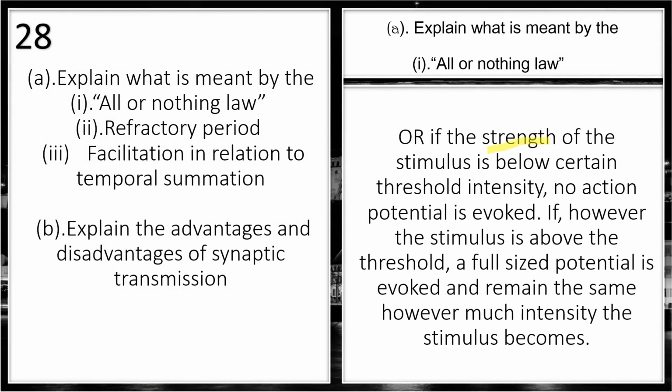Or, if the strength of the stimulus is below a certain threshold intensity, no action potential is evoked. If, however, the stimulus is above the threshold, a full-sized potential is evoked and remains the same however much intensity the stimulus becomes.